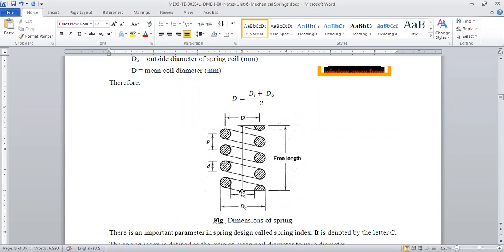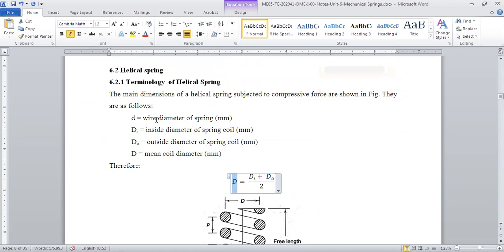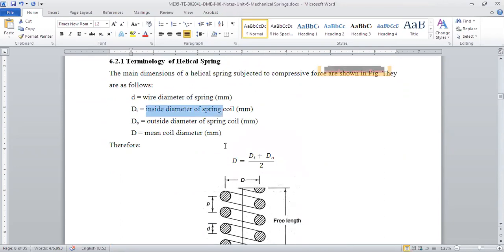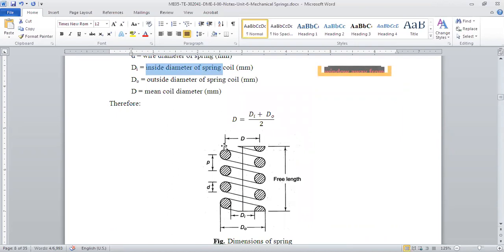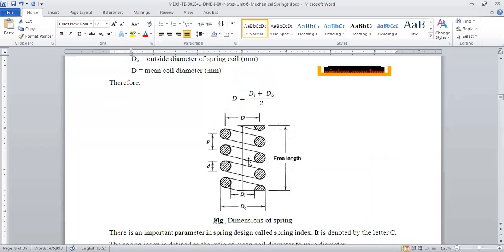And obviously, because of the coil or helical shape of the spring, it will have inside and outside diameter of the coil, and the average will be the mean diameter. So mean coil diameter D will be (Di + Do)/2. So d is the wire diameter, Di is the inside diameter of the coil, outside diameter of the coil will be Do, and D will be the mean coil diameter, right? So these are different diameters of the spring.